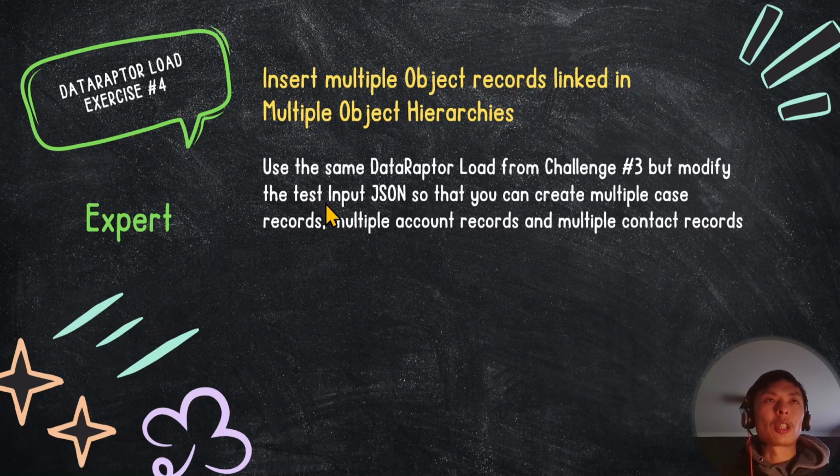Alright, exercise number 4, inserting multiple object records linked in multiple object hierarchies. So in this exercise, we will be using the same DataRaptor load from challenge number 3, but we'll be modifying the test input JSON so that we can create multiple case records, multiple account records, and multiple contact records.